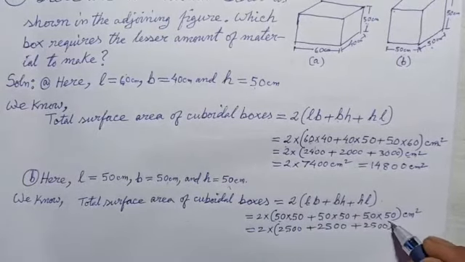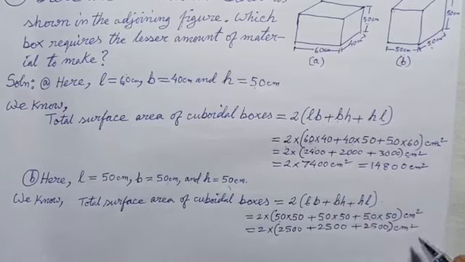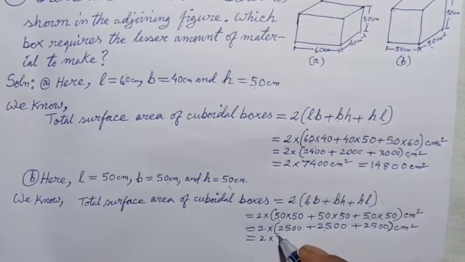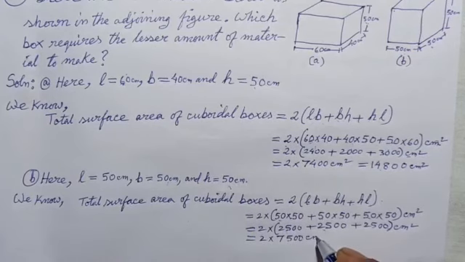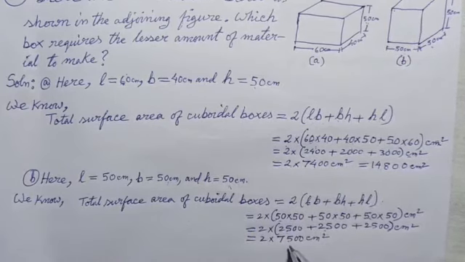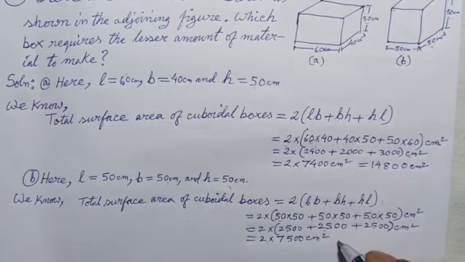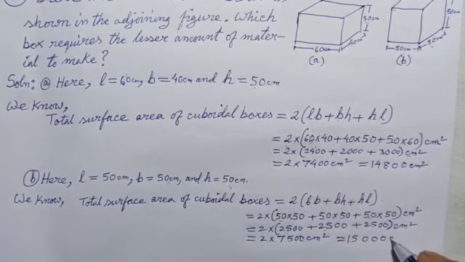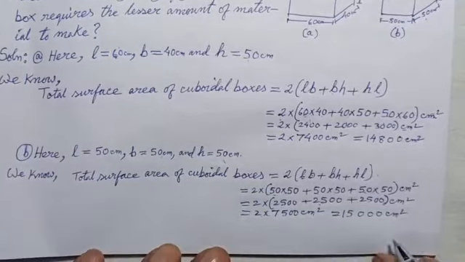Then the unit is centimeter square. 2 into 2500 plus 2500 plus 2500, that is 7500 centimeter square. Now this 7500, let us multiply by 2. 2 times 0 is 0, 2 times 0 is 0, 2 times 5 is 10, 2 times 7 is 14, plus 1 is 15, so 15,000 centimeter square. We are getting this.